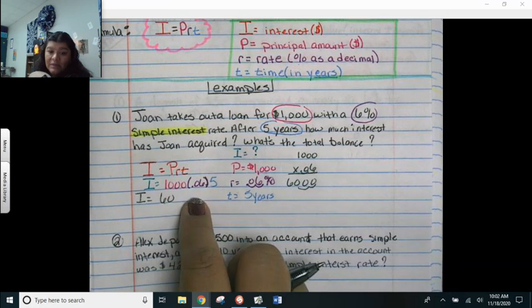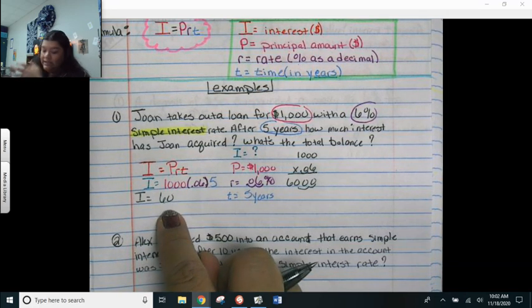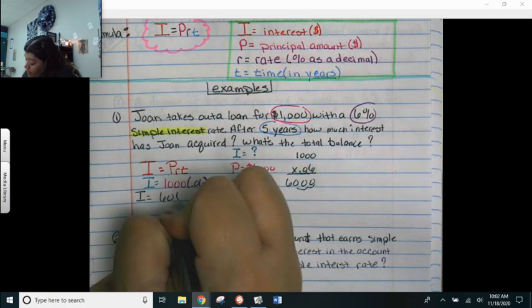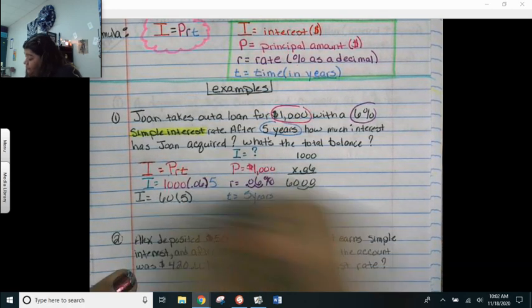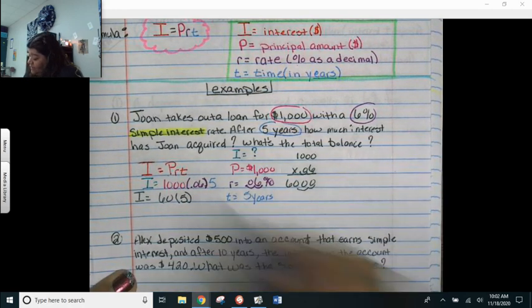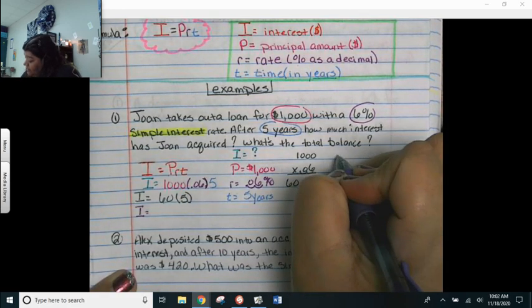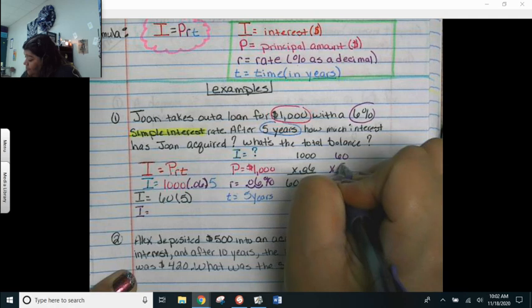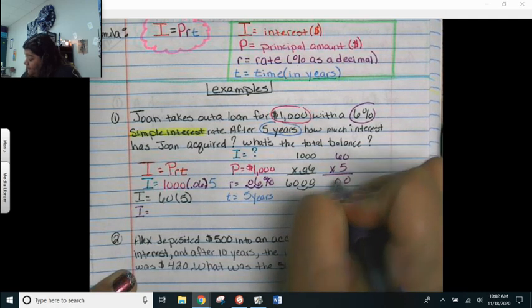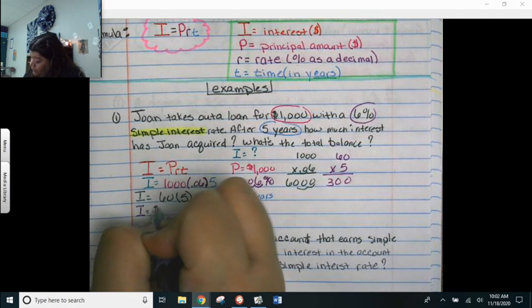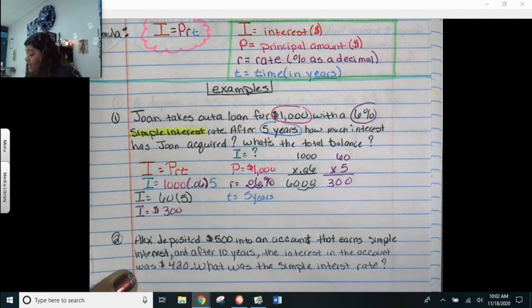So I did 1,000 times 0.06, which gives me 60. And then I'm going to go ahead and bring down my 5. And the final step here, multiply 60 times 5, which is 300. Okay. Now we had two questions, right?